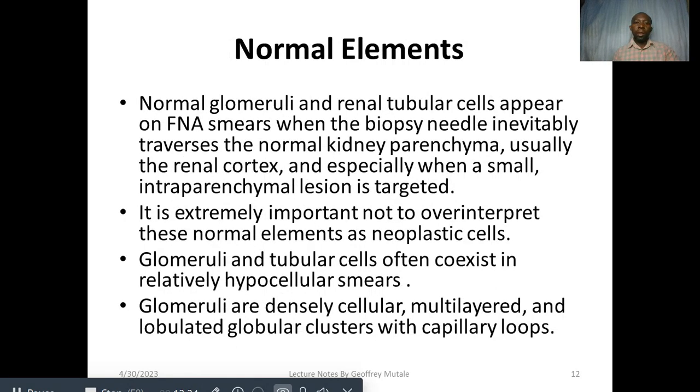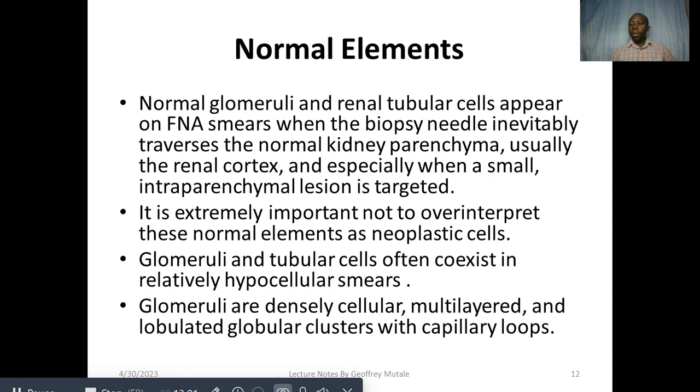So as usual, we always need to understand the normal elements before we get to know the abnormal, as this helps us to make a good diagnosis and interpretation of the features we encounter in making our examinations and looking at the slides.